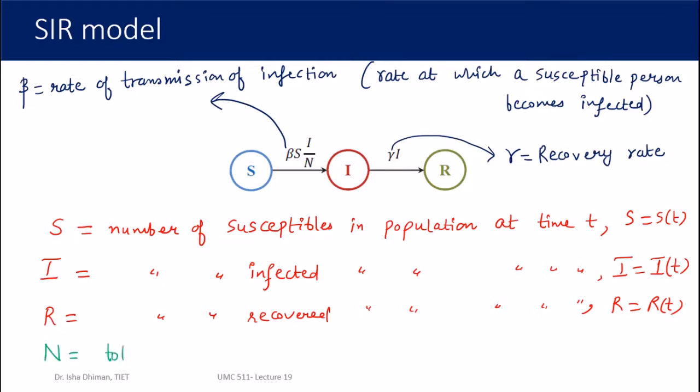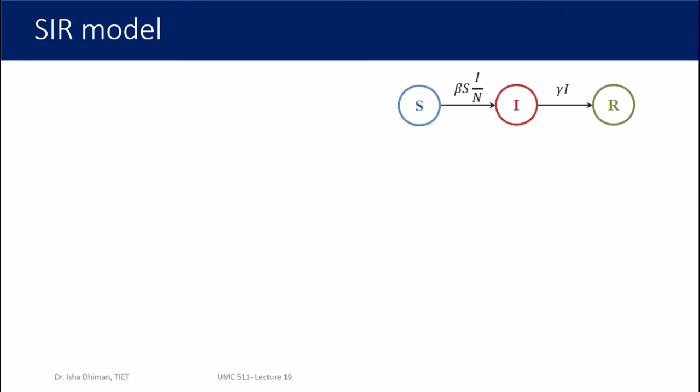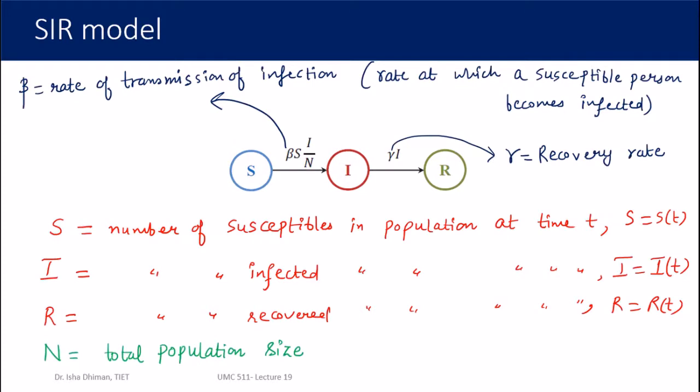And capital N is the total population. So capital N should be equal to S plus I plus R. We'll talk about it, because the total population has to be conserved.